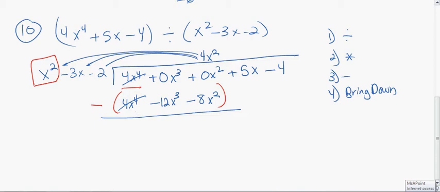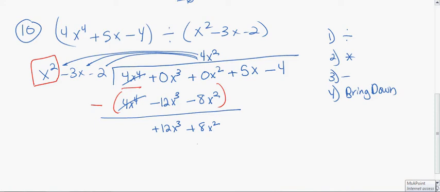0x cubed minus a negative 12x cubed becomes plus 12x cubed, right? Minus a negative. 0x squared minus a negative 8x squared becomes plus 8x squared.